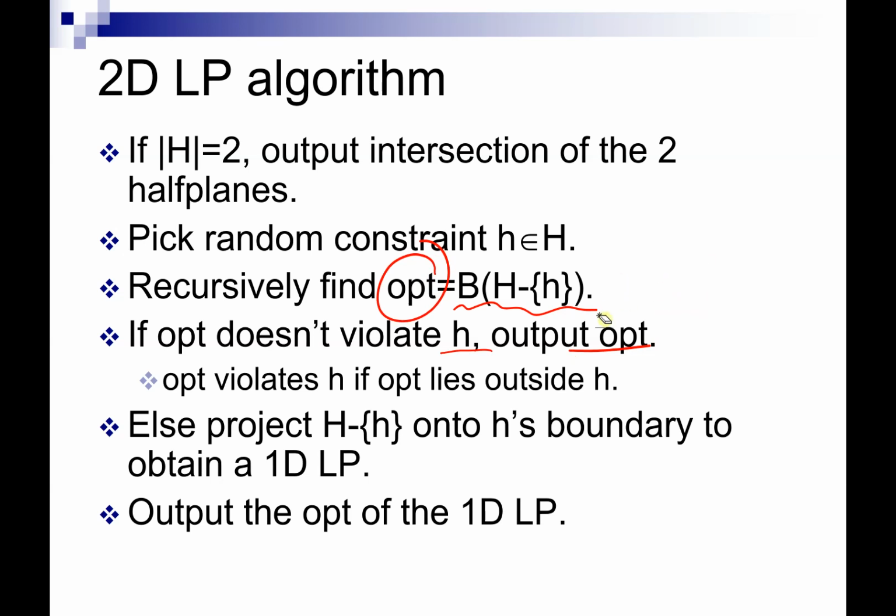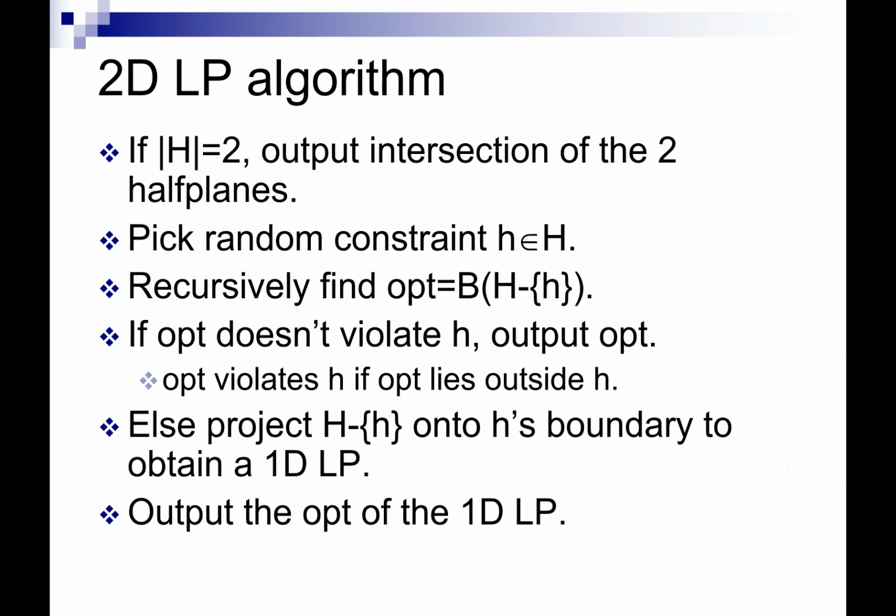Now the other case is where this optimum actually does violate h. In that case, we're going to project all of these other constraints onto h's boundary, and this is going to produce a one-dimensional LP. So we start with a two-dimensional LP, and this projection produces a one-dimensional LP.